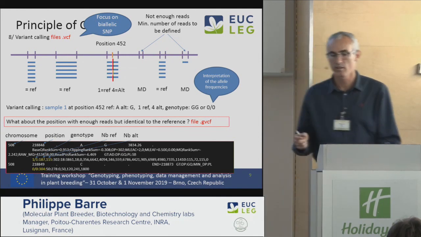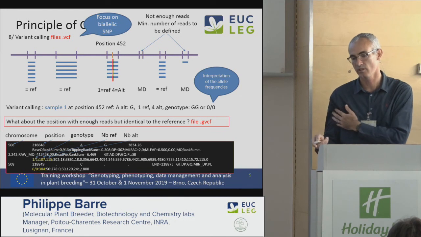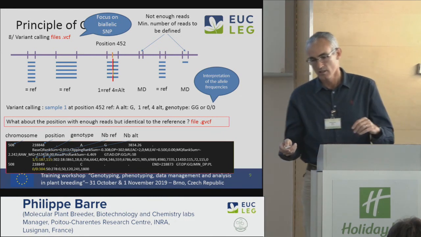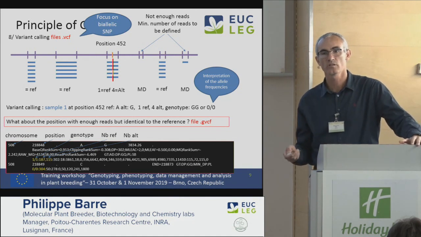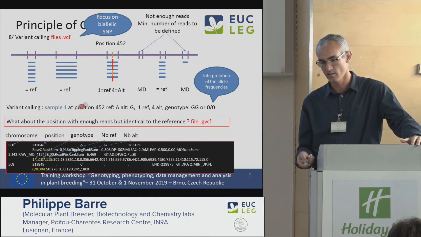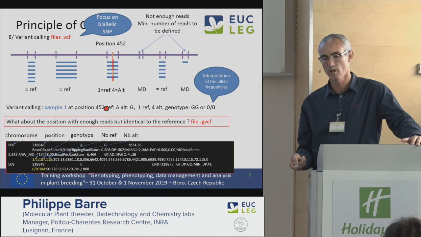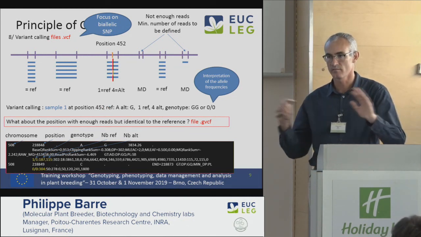Another thing important here, if you do the variant calling, the information you get out of the variant calling is only this. Sample 1, there is a polymorphism at position 452. That's it.